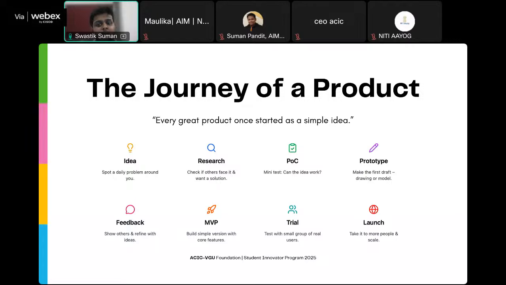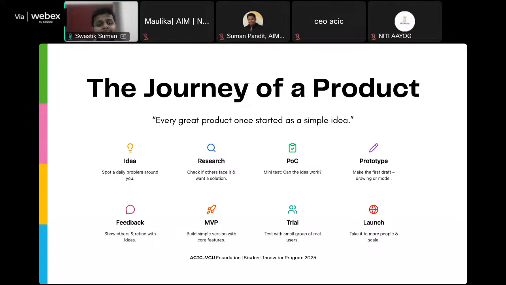Then we'll move forward with the prototype, building our first draft or drawing our model or our software designs. After that, we'll take several feedbacks from our family, friends, colleagues, or from the public, where they'll show their point of view and how we can refine those ideas into a perfect way.